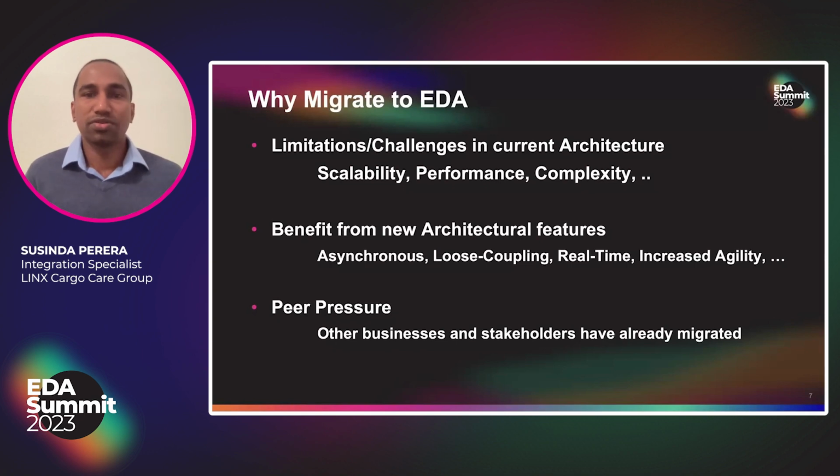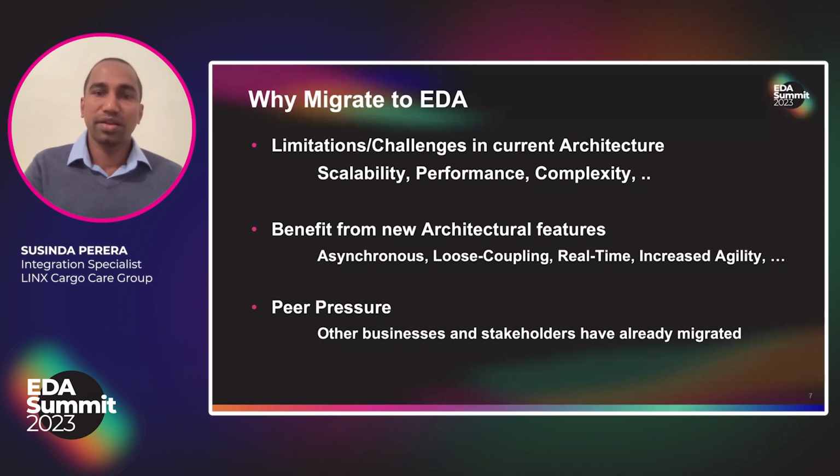For example, resource-based architecture has known issues such as scalability, performance bottlenecks, or increased complexity when it comes to implementing complex business requirements. Another reason for architecture migration is the desire to benefit from the new architecture's features. For example, we may want to adopt an architecture which is more asynchronous, loosely coupled, and real-time, which can offer increased agility and flexibility, such as event-driven architecture.